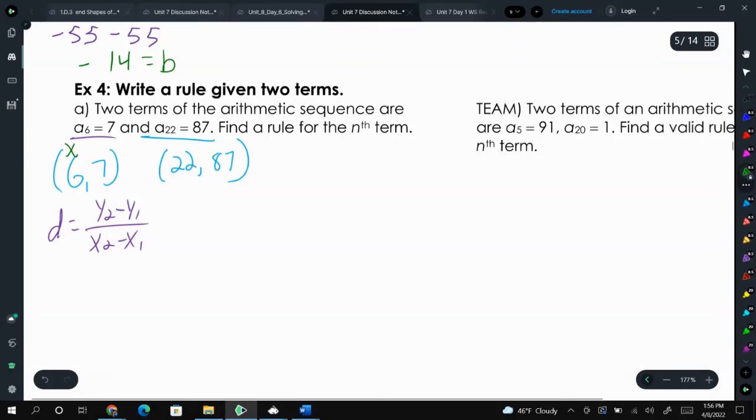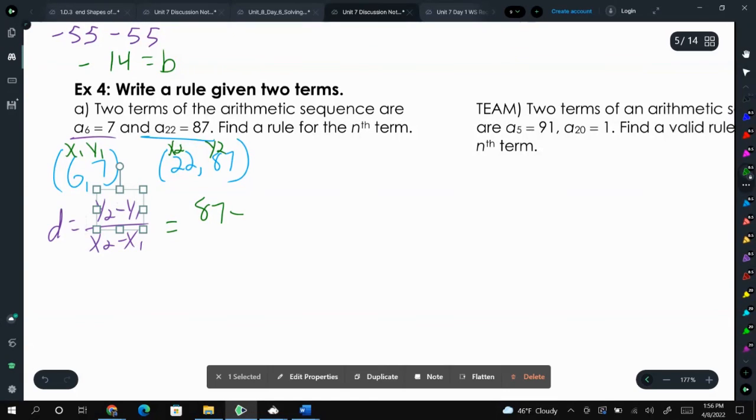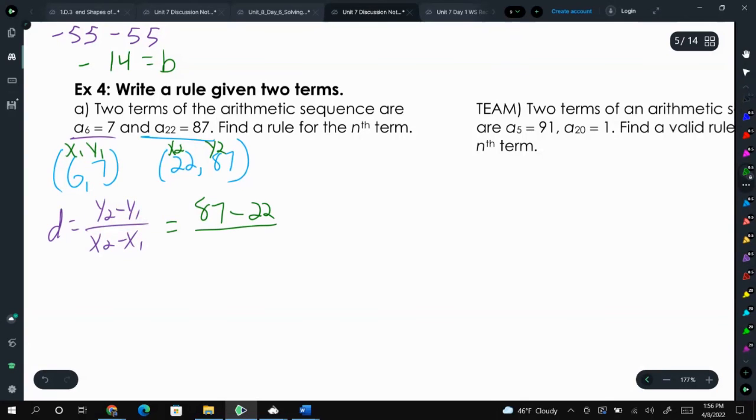And if it helps you, you can always label these. So you have 87 minus 7 over 22 minus 6. And that's going to be our common difference. 87 minus 7 is 80. Over 22 minus 6 is 16. That actually reduces to 5.